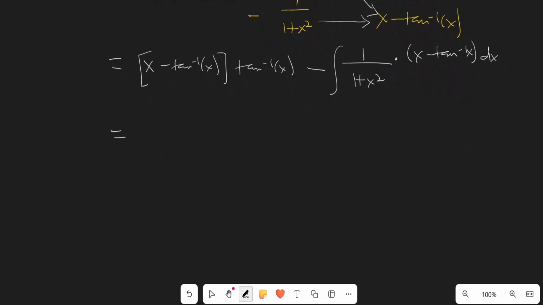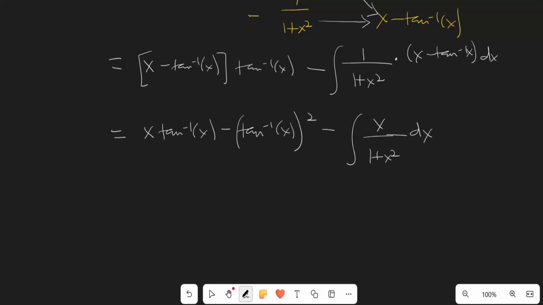So here we are done with the integral. This is x tan inverse of x minus tan inverse of x all squared, like this, minus the integral of x all over 1 plus x squared dx, and then minus minus, that becomes plus the integral of tan inverse of x all over 1 plus x squared dx.